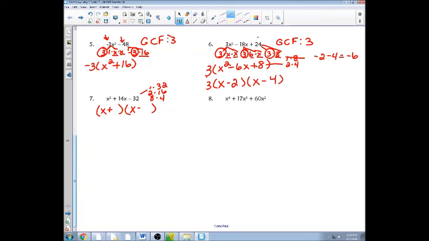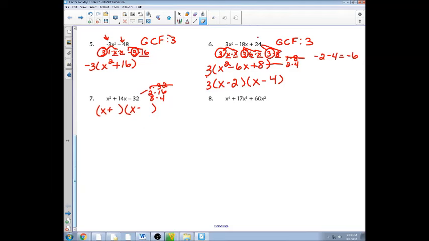Let's look at 1 and 32. Is there any combination of 1 and 32 that will get me to 14? Well, negative 1 plus 32 would be 31, so that's not going to work. Positive 1 minus 32 would be negative 31, so that's not going to work. So 1 and 32 will not work.